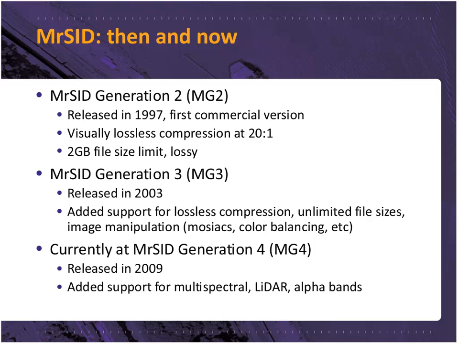The initial version of MrSID had limited file sizes up to 2 gigabytes. Generation 3 offered unlimited file sizes, and then we added image manipulation features that would allow you to further compress an image, color balance, create mosaics and things like that. So that added a lot of new features.